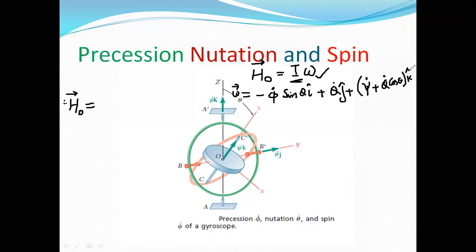This is our angular velocity. Now if we multiply this angular velocity with the corresponding moments of inertia, then we will get the angular momentum. Therefore angular momentum will be, so this is angular velocity along x-axis.